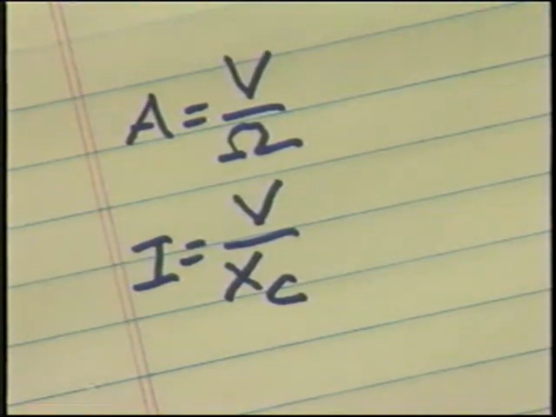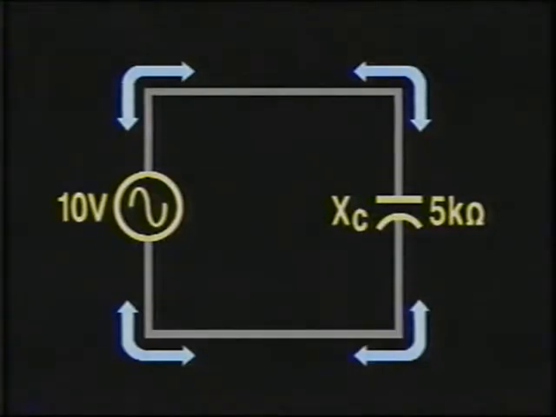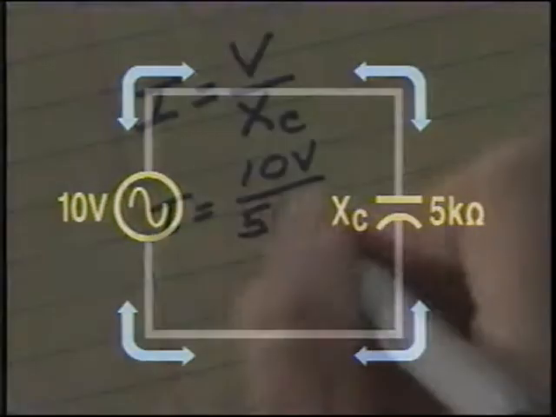Let's try an example. Here's a purely capacitive circuit with a 10-volt AC source. At a given frequency, the capacitor has a reactance of 5 kiloohms. Let's find the total current using the new version of Ohm's law.